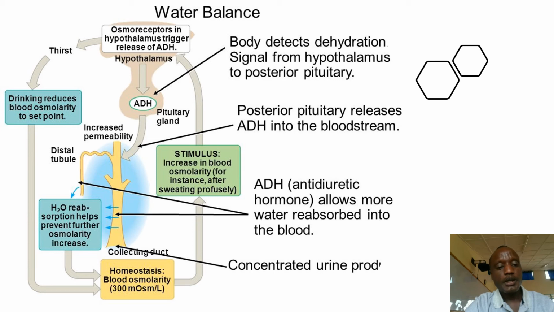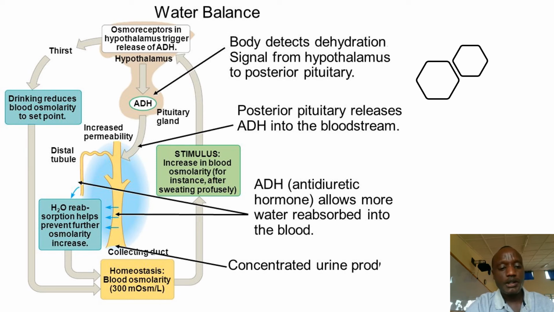As water reabsorption helps further, osmolarity increases and returns to homeostasis, blood osmolarity. On the left-hand side, you see here they say stimulus, which has to be detected by the hypothalamus. Drinking reduces blood osmolarity to the set point, and it returns to homeostasis, which is basically the balance now.